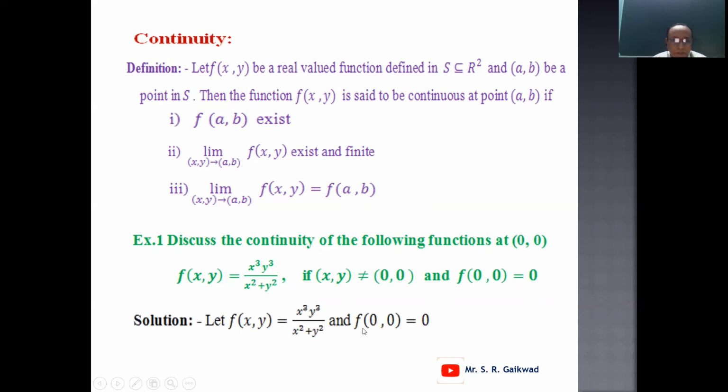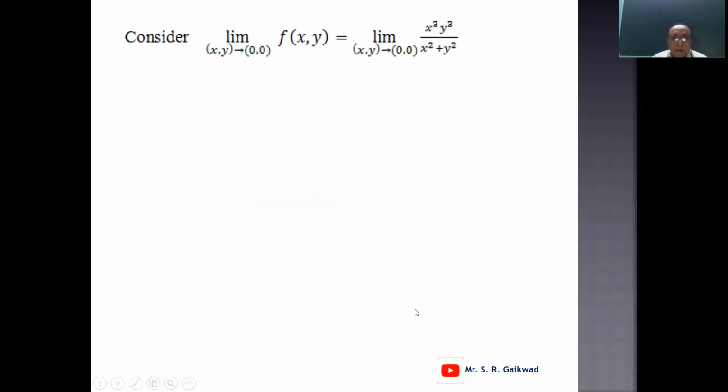Solution. The given function is f of x comma y equal to x cube into y cube upon x square plus y square, and given that the value of the function at 0, 0 is 0, it means f of 0, 0 equals 0. Now consider limit of x comma y tends to 0, 0 of f of x comma y, which is x cube into y cube upon x square plus y square.